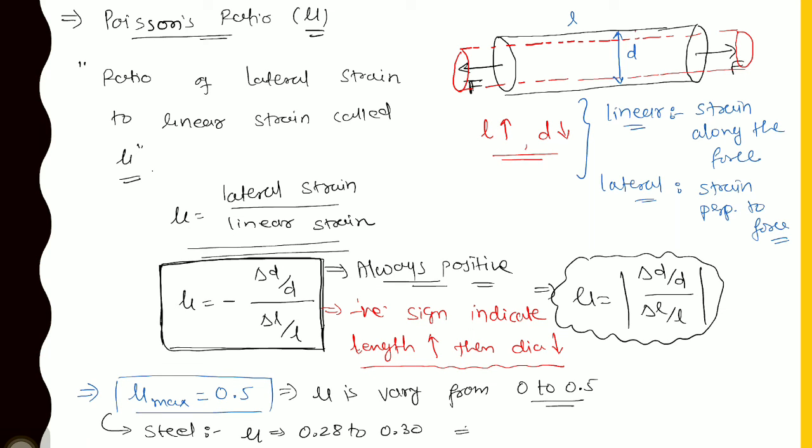And if you consider aluminium alloys, then mu is approximately 0.33. So these are some basics we have to discuss here for Poisson's ratio. You must remember this whole theory properly. Sometimes it is helpful in solving different problems which are asked in the form of MCQ. Okay, chalo.